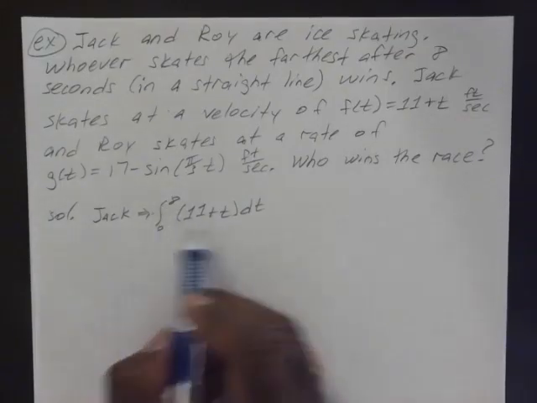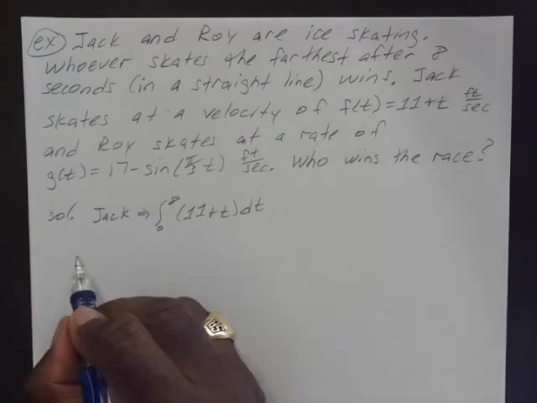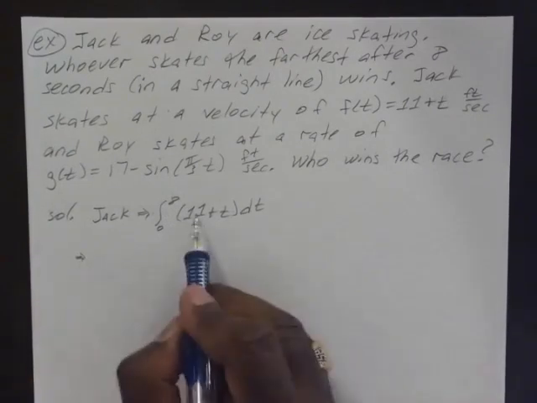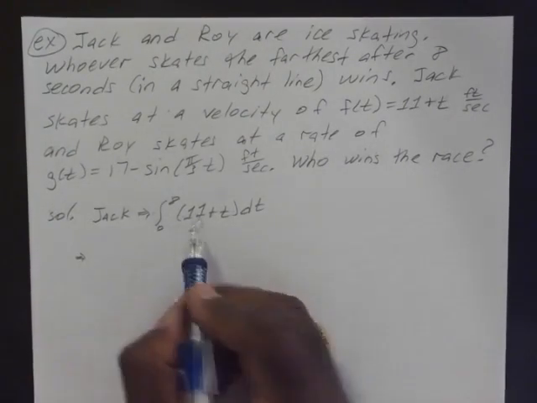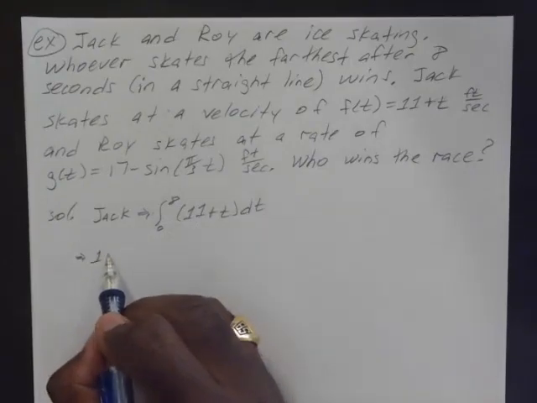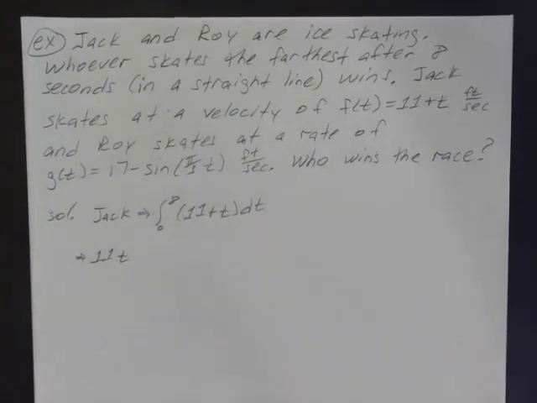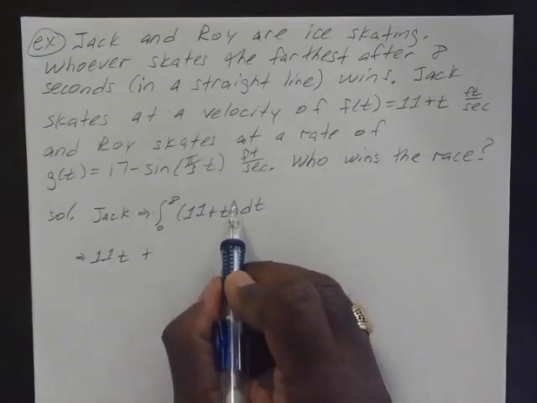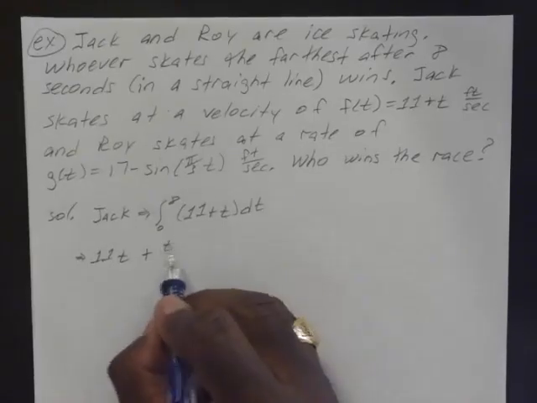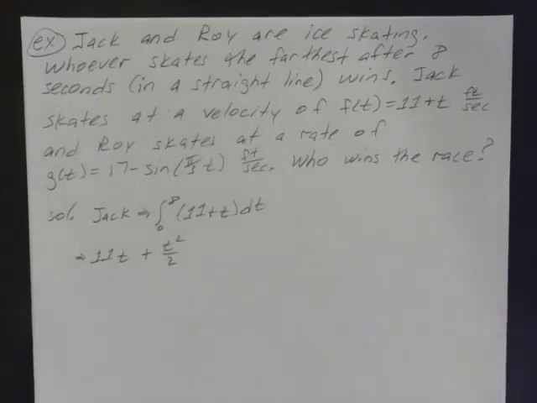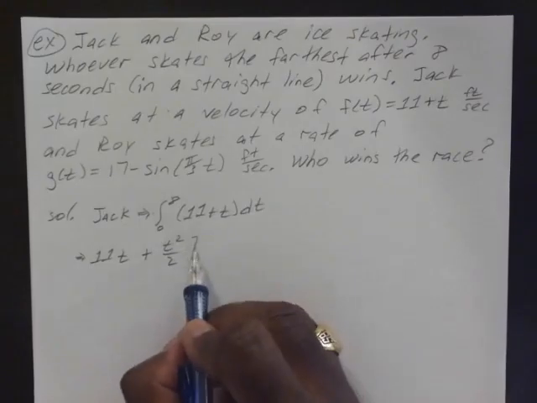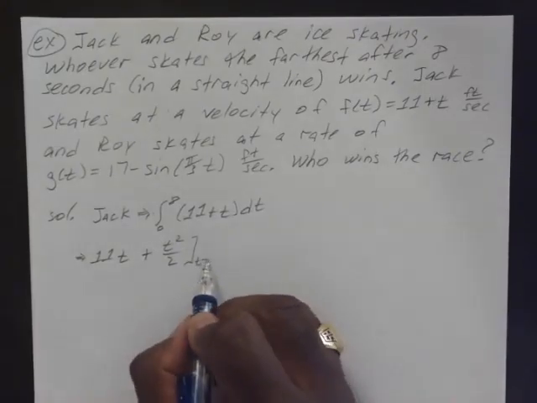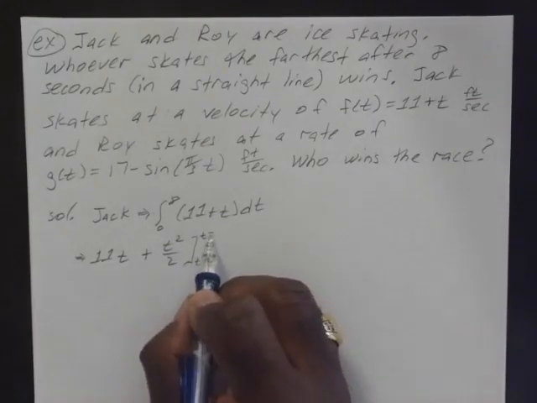So if we take the integral of each term, the integral of 11 is 11t. Plus the integral of t is t squared over 2. And we know that's from t equals 0 to t equals 8.